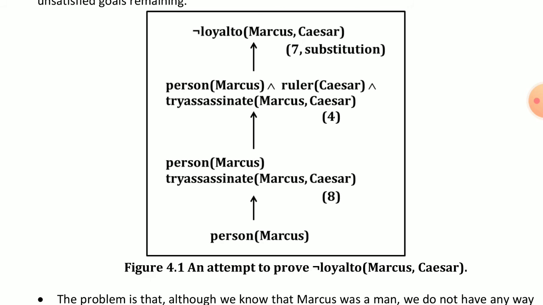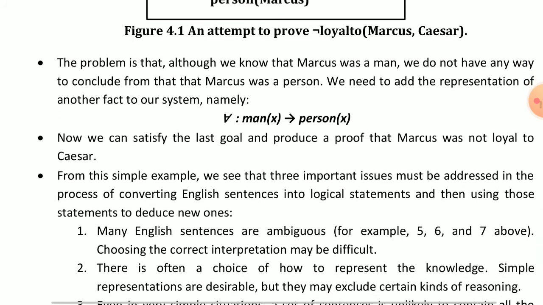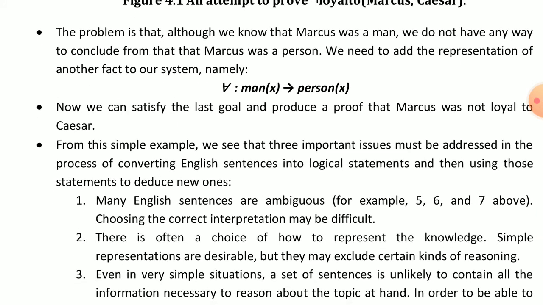Marcus is not loyal to Caesar, and then we can write the sentences. Marcus was a man and Marcus was a person.